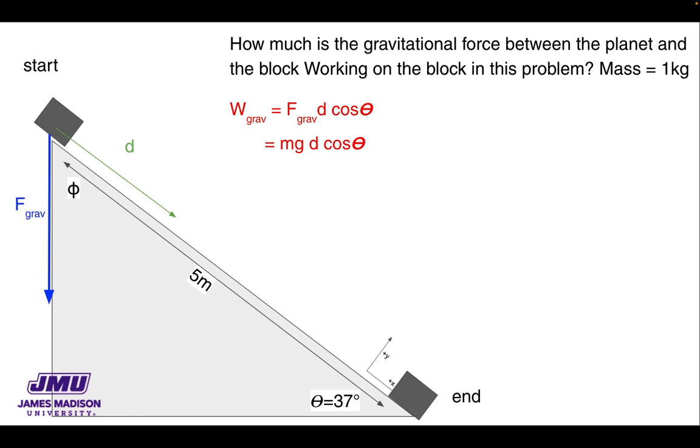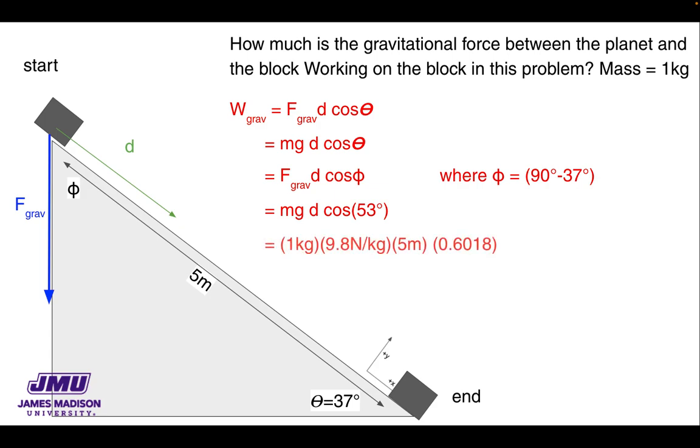And so in my equation, I will now say that the work done is equal to the force of gravity times d times cosine phi, where phi is the actual difference between the direction of the force of gravity and the displacement. So now my work done by the force of gravity is m times g times d times cosine of 53 degrees.